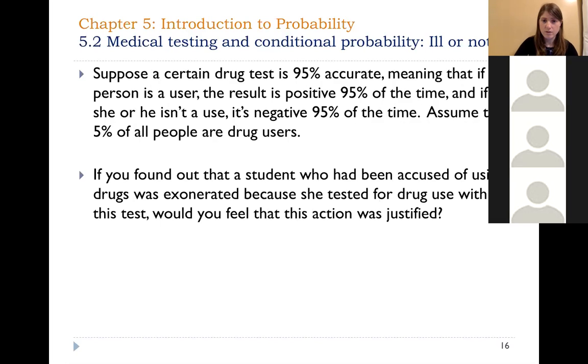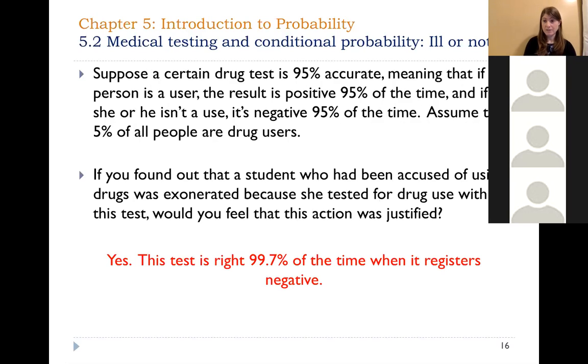In other words, if she got a negative test, do you feel like that's enough evidence? Hopefully, you would say yes, because 99.7% of the time when you get a negative, it's truly negative, or the person truly was not a drug user.